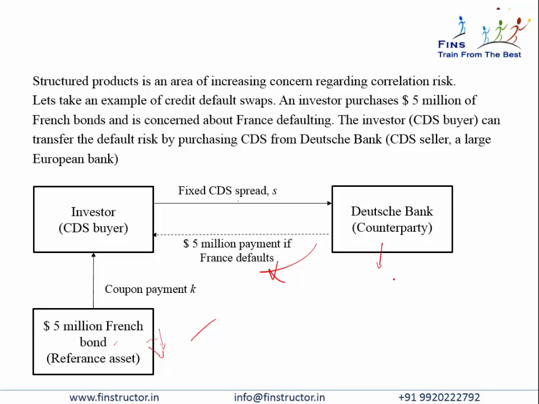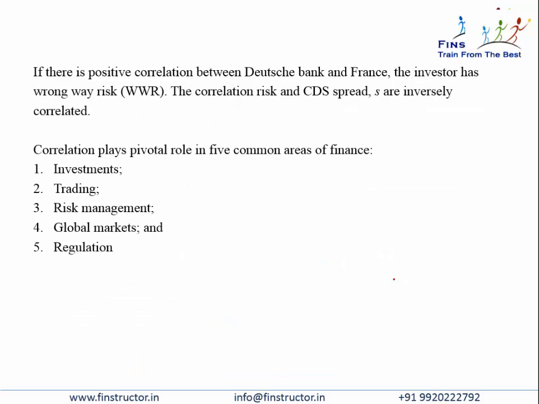But if that is not the case, for example, if the correlation of default between the two is very high, then this will be a wrong way risk, because I'm trying to protect my risk against the French bond, but the protection that I'm buying itself will default while France defaults. So that is referred to as a wrong way risk.